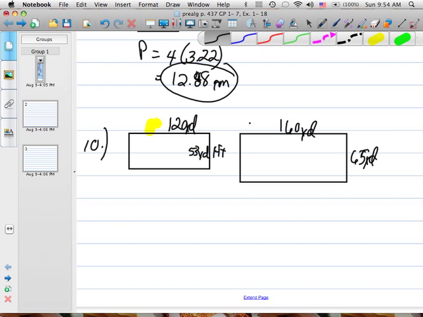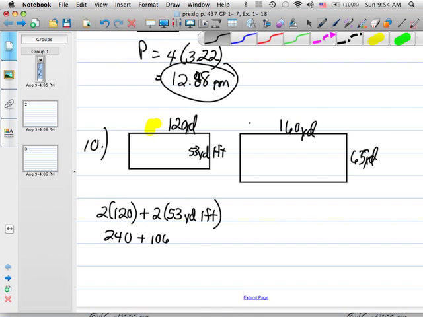So we're looking for the perimeter. So that would be 2 times 120 plus 2 times 53 yards, 1 foot. 240 plus 106 yards and 2 feet.